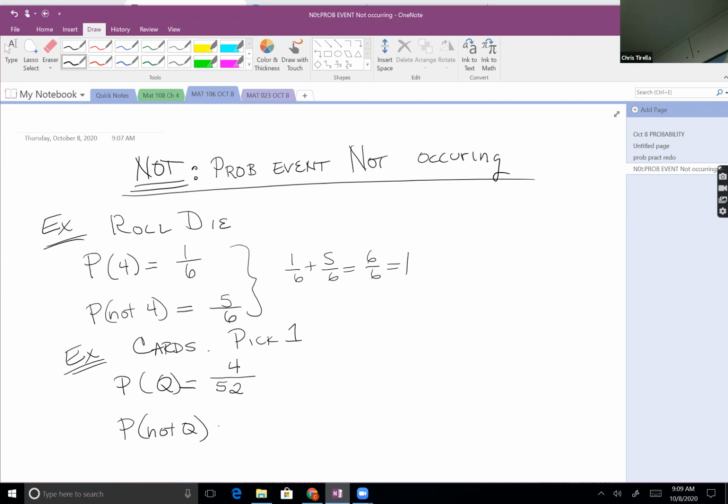If there are 4 queens, how many of the 52 cards are not? 48. And do you notice when I compare these two, 4 out of 52 plus 48 out of 52 would give me 52 out of 52, or 1.